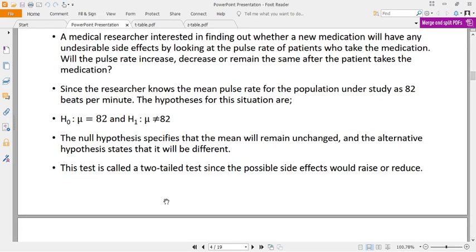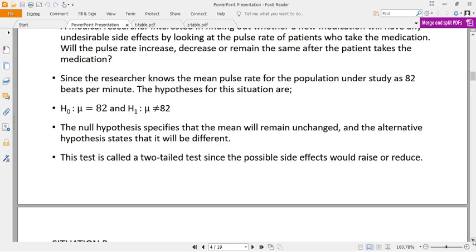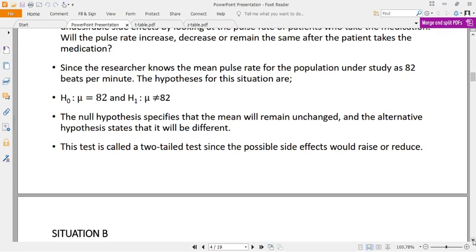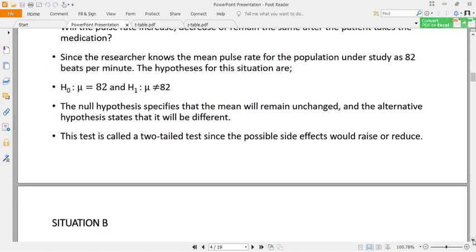In this case, this is a two-tailed test because we have two possible side effects: the pulse rate either reducing or increasing. This not-equal sign means we are dealing with a two-tailed test. Two possible outcomes can occur. It can either reduce or increase. In other words, the question is not directed to one side.